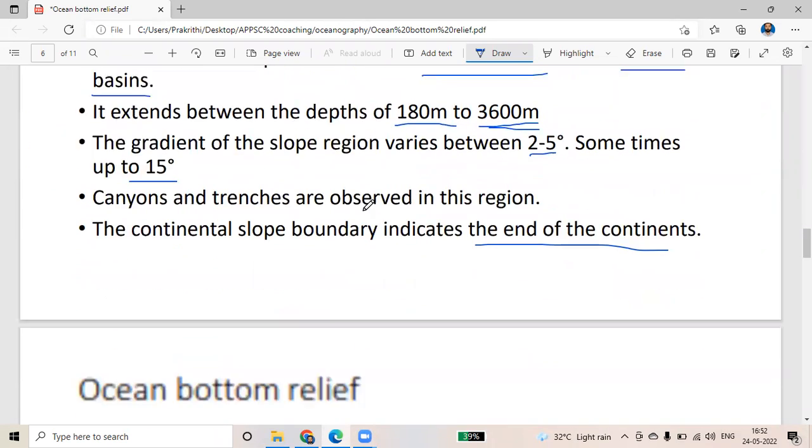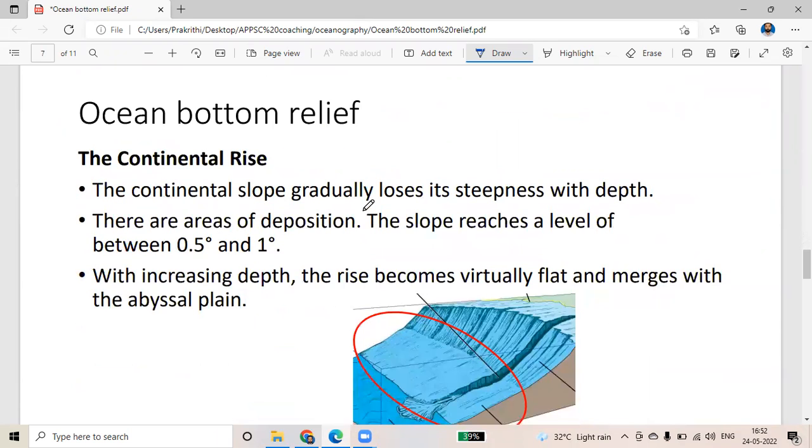Then comes the continental rise region. अभी देखो continental rise ऐसा है.